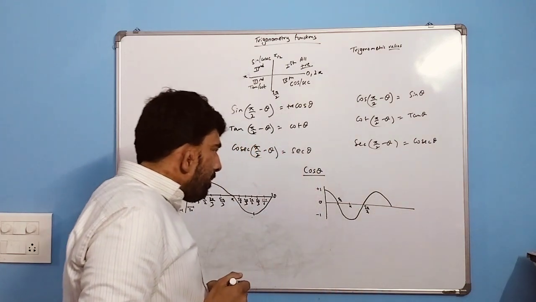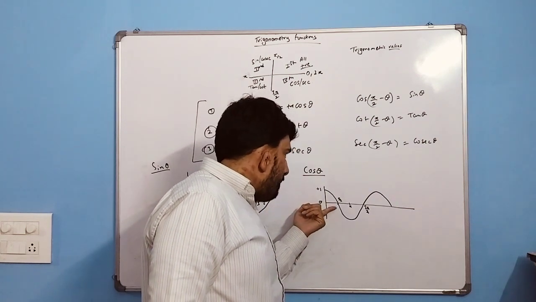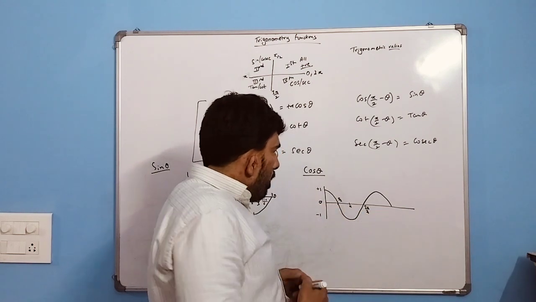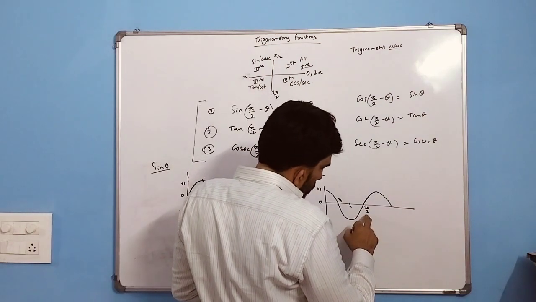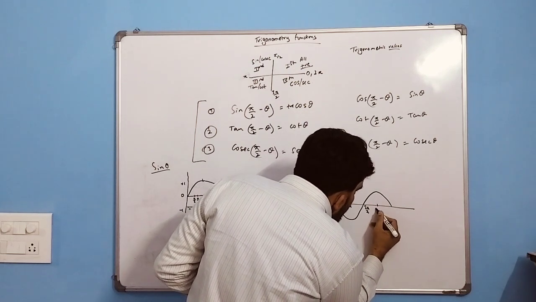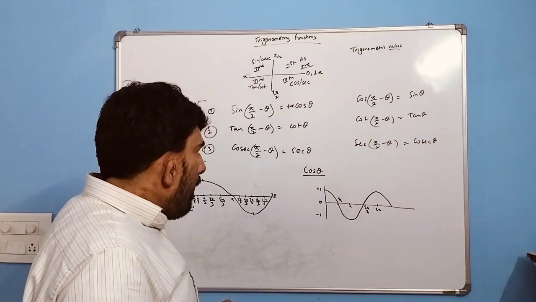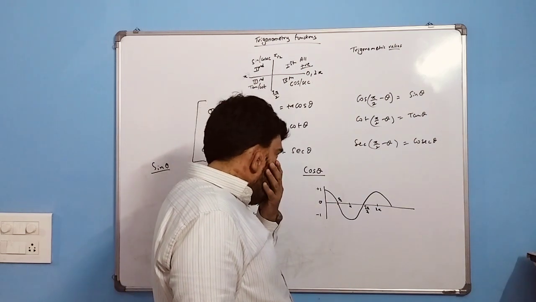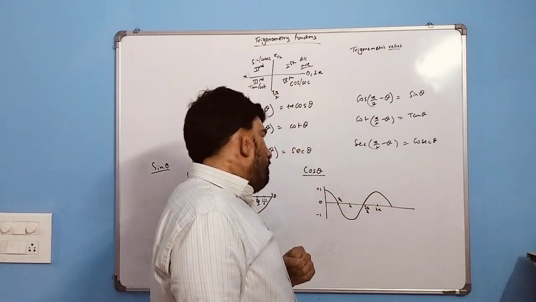So this graph shows 0, 90, then 180, 270. After 270 we move to 360. So it moves like this. Okay, so we find where its value will be maximum. So that is how we make it and how the graph of cos varies.